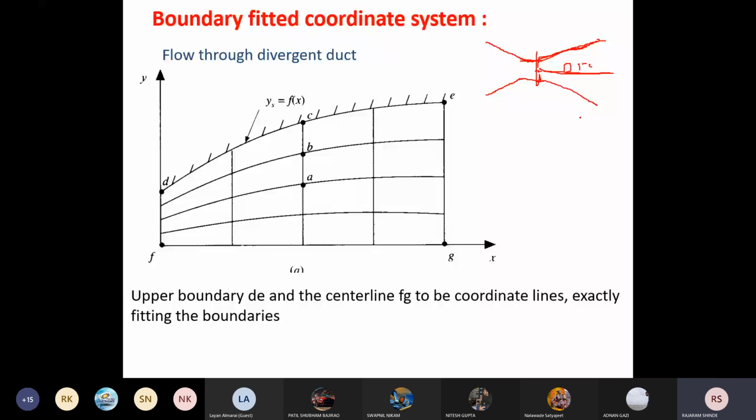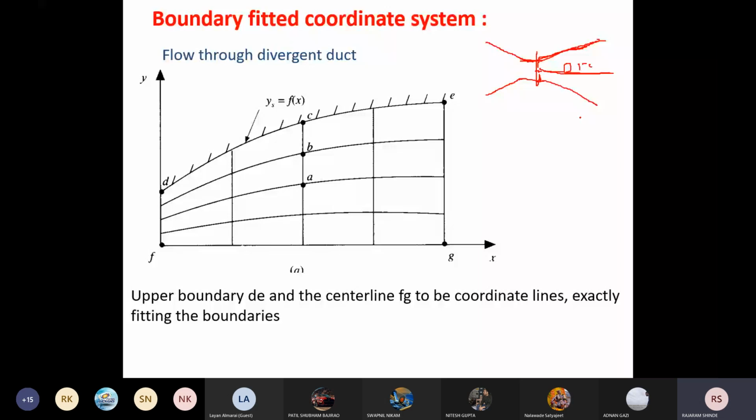Again, because of this curve and non-uniform spacing, we need to transform from this to the computational plane. This is done using the equations which I will show you in the next slide.